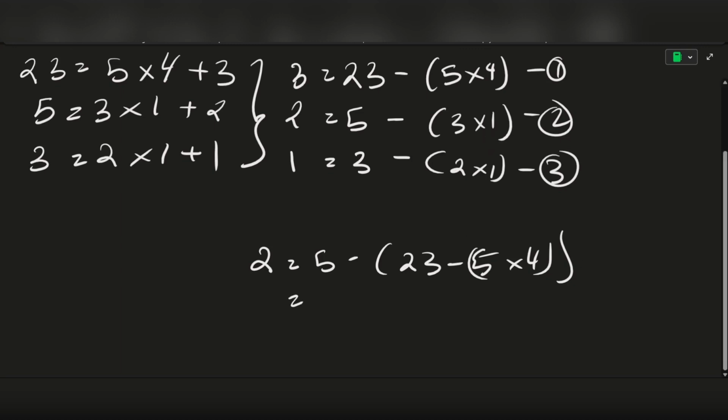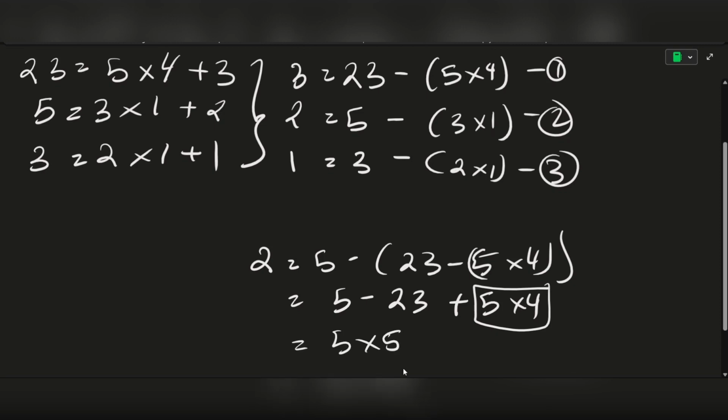So this would become 5 minus 23 plus, because this negative goes inside here and inside there as well, 5 times 4. Basically this becomes 5 times 5 minus 23.